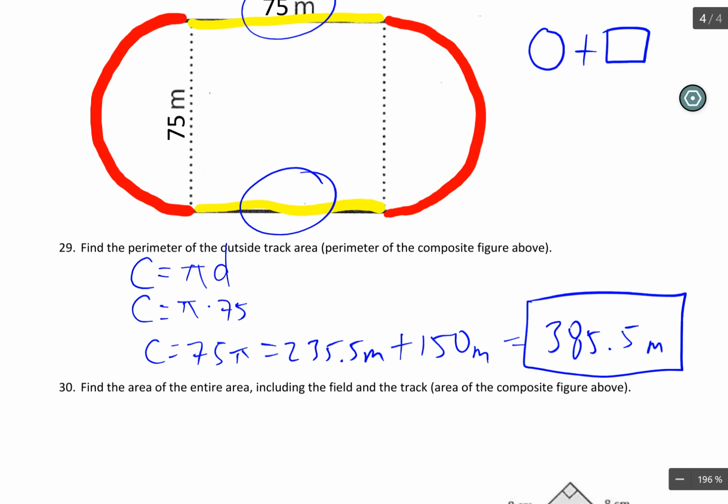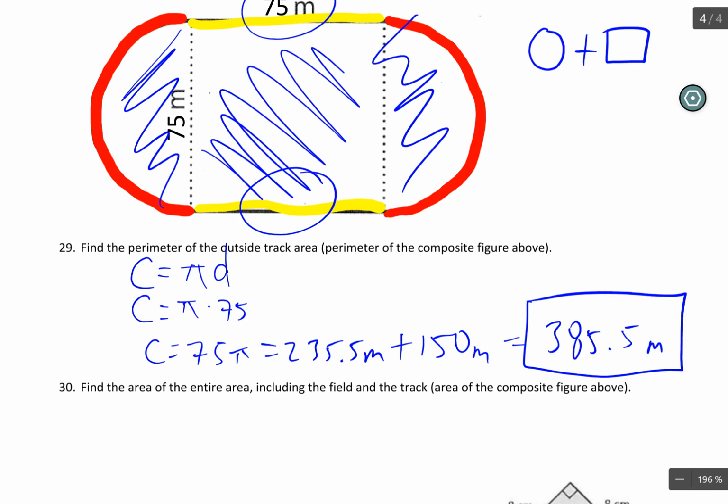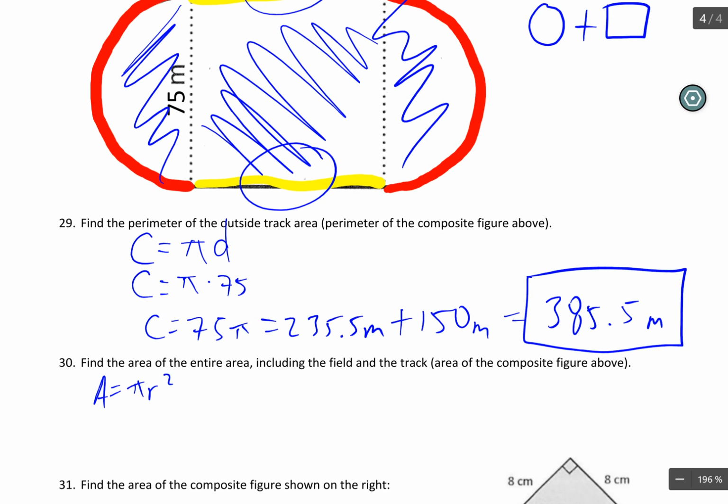Finding the area, though, it's the area of the circle plus the area of the rectangle. So it's the entire area of my circle plus the entire area of my square. The area of my circle is pi times radius squared. The radius is going to be half of my 75, so 75 divided by 2 is 37.5.